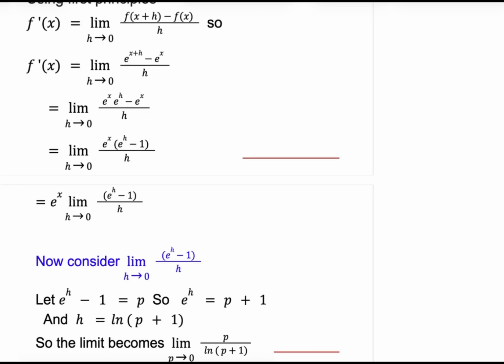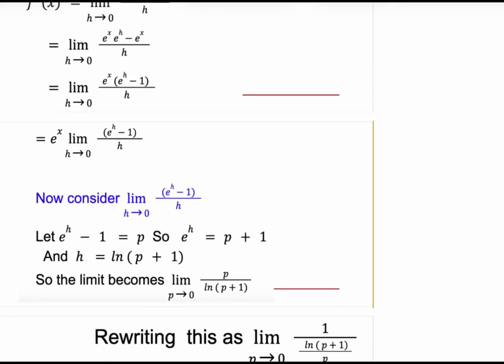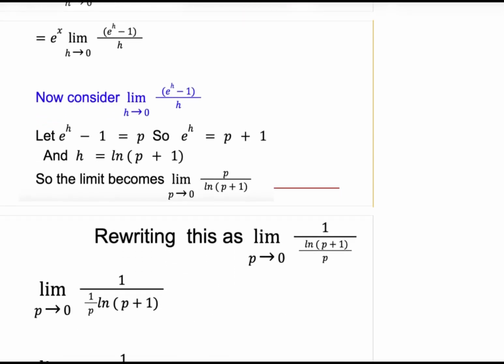So we say let e to the h minus 1 be equal to p. So e to the h is equal to p plus 1. And then h will be equal to the ln of p plus 1 in brackets. So the limit becomes a limit as p approaches 0 of p over ln of p plus 1.